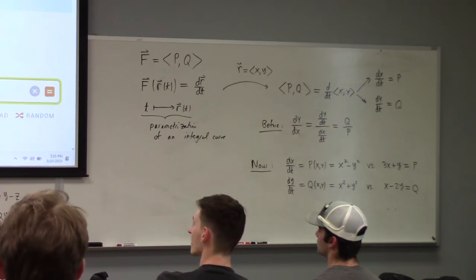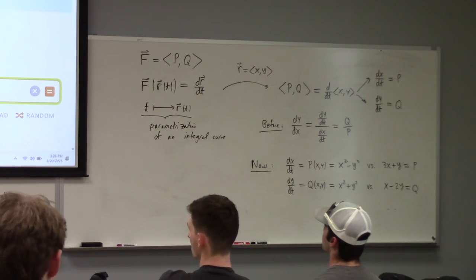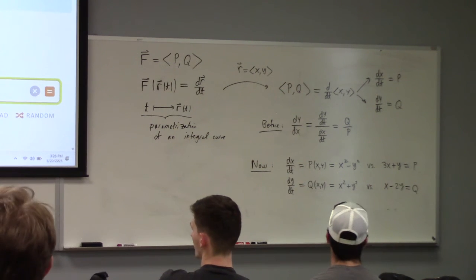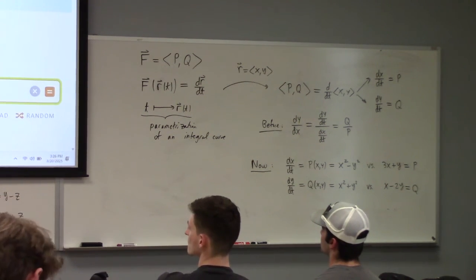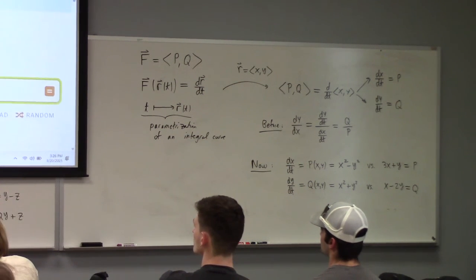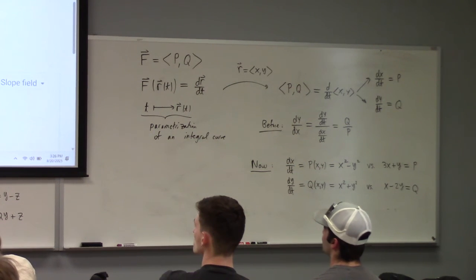I don't know. x prime is equal to x squared minus y squared. And y prime equal to, what was it? x squared plus y squared. This feels simple enough that it might have a solution. System of nonlinear differential equations.